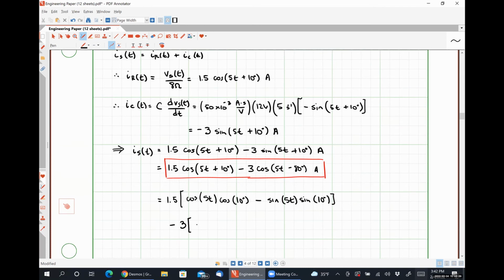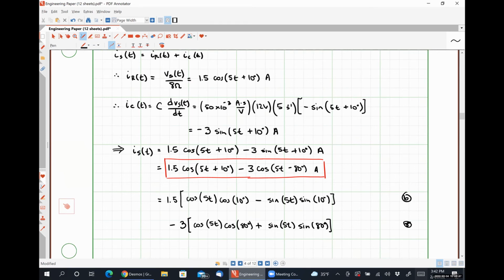So this is going to look like cosine 5t cosine 80 degrees plus sine of 5t sine of 80 degrees. Is everybody okay with the application of identity 6 to get here and identity 8 to get here? So you use the positive 80 and not negative 80, even though it's minus?